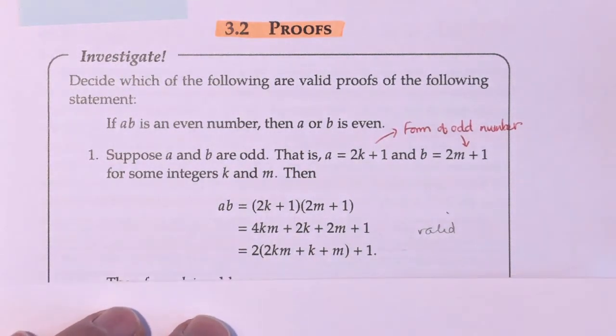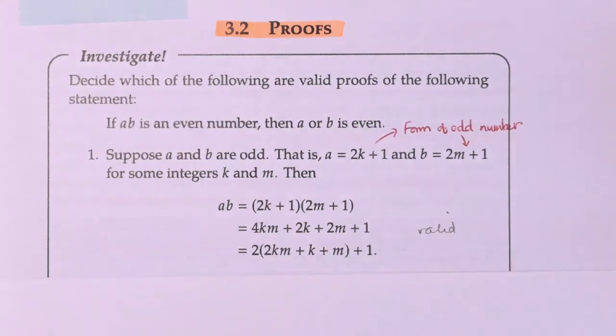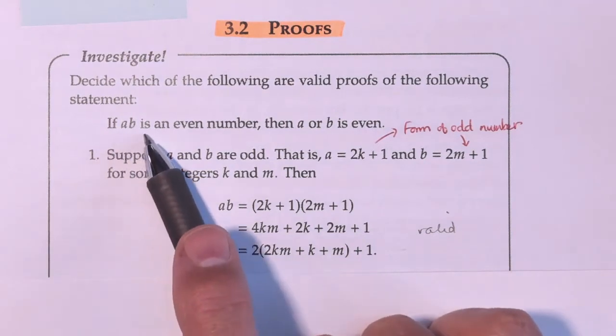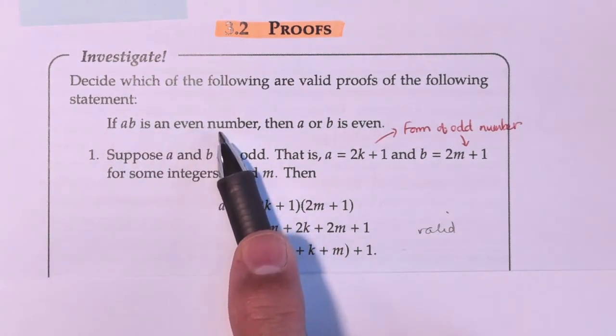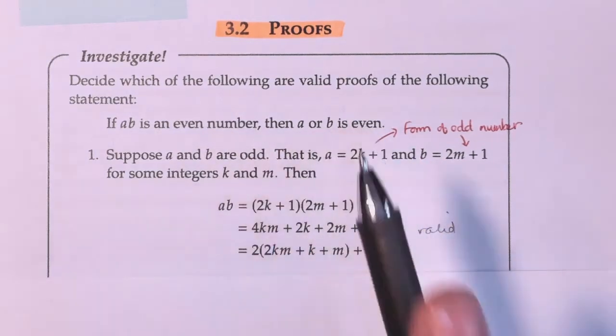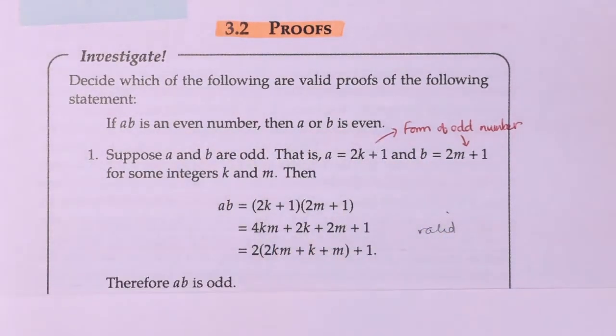Okay? Now, is this valid? Are A and B then odd? So again, if AB is an even number, the product of the two is even, then A or B is even. Okay? Therefore, in this case, A times B is odd.